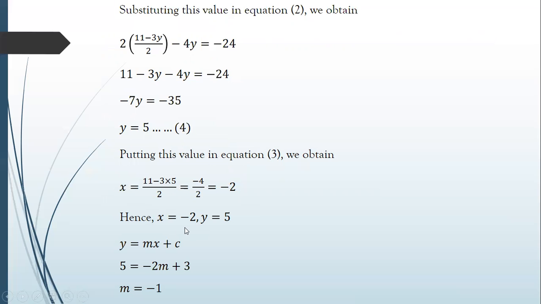So x is minus 2 and y is 5. Now that we have got the values, we have to substitute in the equation y equal to mx plus c. Y value is 5, x value is minus 2, c is 3. Now we have to find the value of m. So solving, we get m as minus 1. So we have solved both the parts of this question.